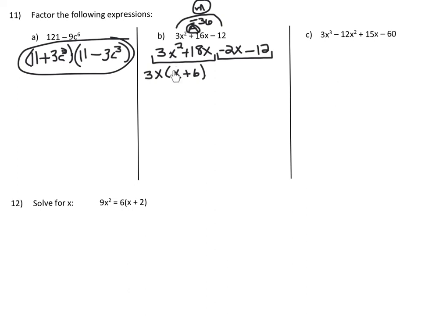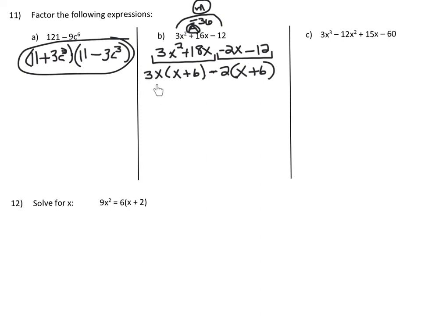So if we want to be left with a positive x and a positive 6 in parentheses, we need to pull out that negative with the 2. So let's pull out a negative 2. And then that leaves us with positive x and positive 6. Okay, so that's good. So what we have in our parentheses matches.